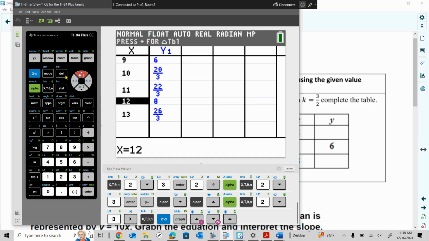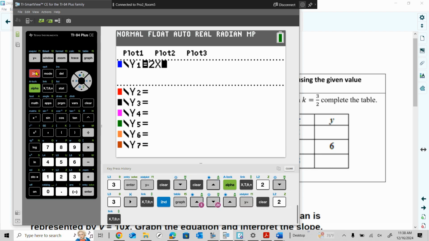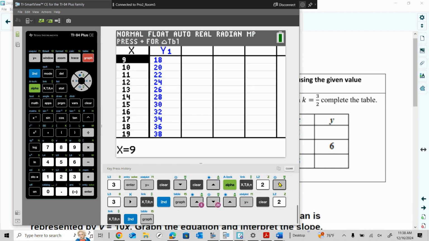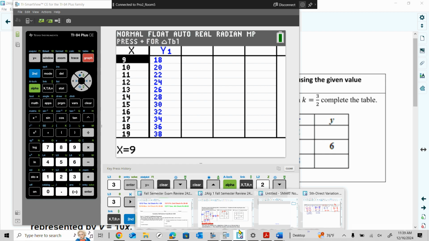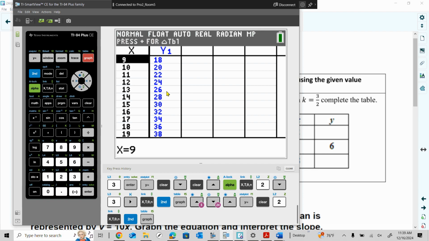So the second equation was y equals, they gave us x, the k is 2. So this would be 2x. And then second graph to go to my table, and that will help me fill in what's missing. So on here we need to find when y is -16. Right now these are all positive, so I've got to go up.